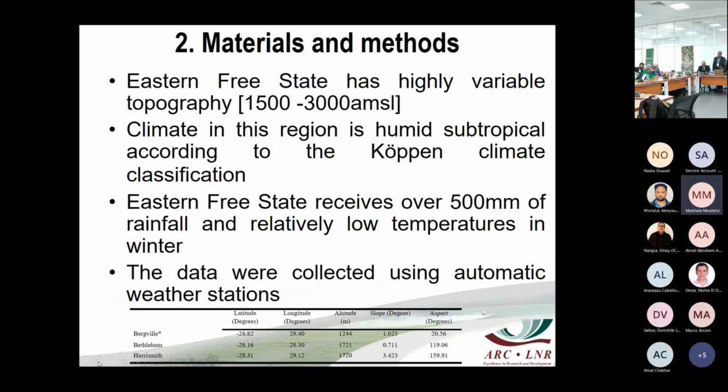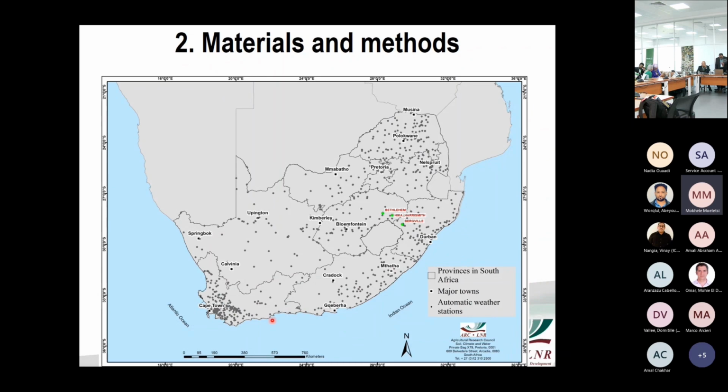As you can see, the stations in the Free State are at a relatively high altitude, and the one in KZN is at a lower altitude. This is the distribution of all the weather stations of the Agricultural Research Council.